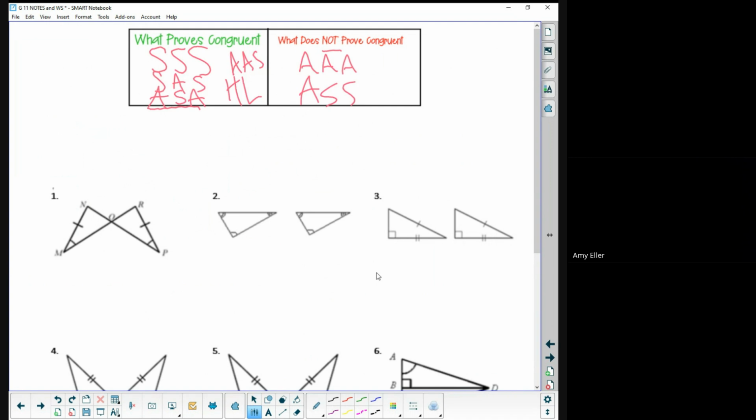It only happens in a right triangle. What only happens in a right triangle? That longest side. Hypotenuse leg. This stands for hypotenuse leg, and we will discuss that as we do these problems.